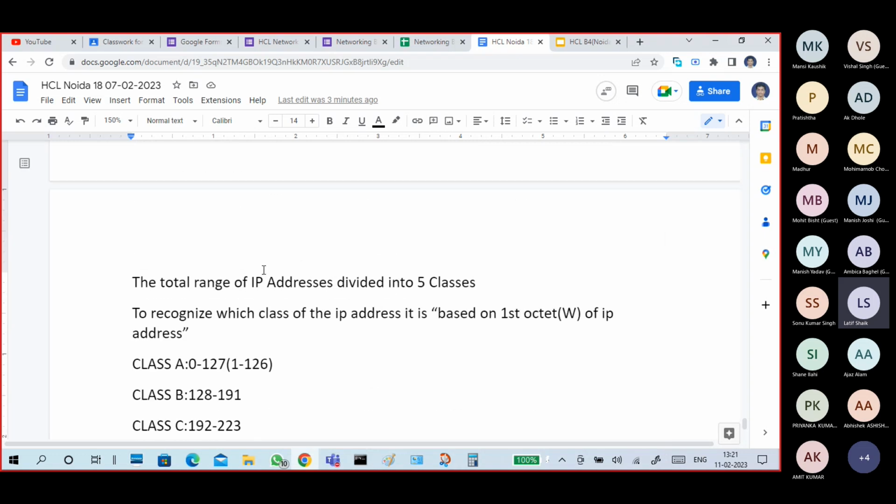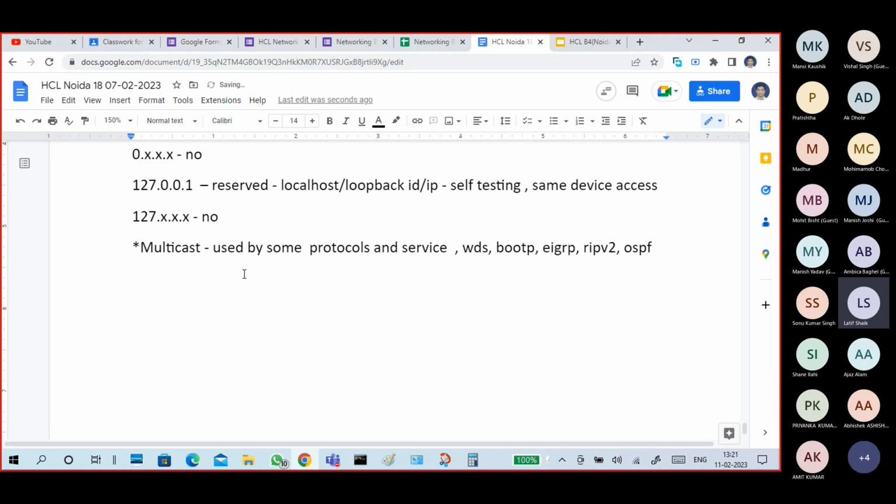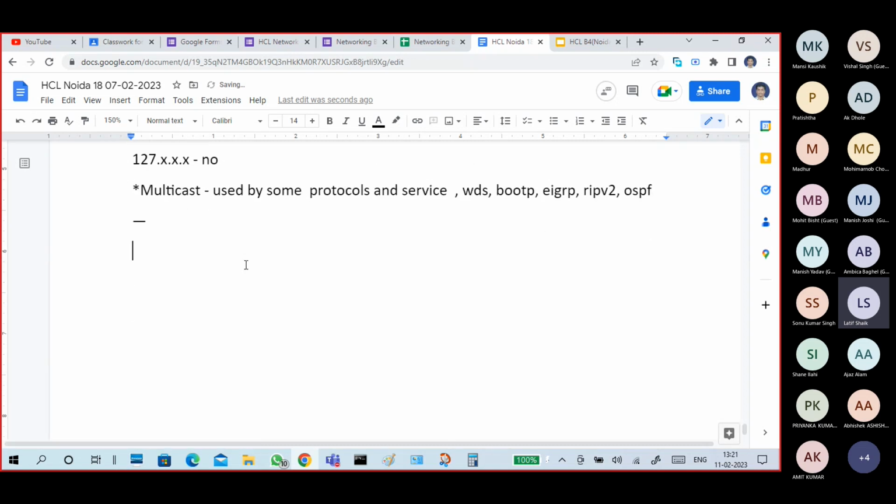So this is your IP addresses and ranges, guys. I will tell about the network and subnet portion, but before going to that, you should know how to recognize IP addresses. You recognize IP addresses based on their first octet. I will give you one example: 134.88.201.191.